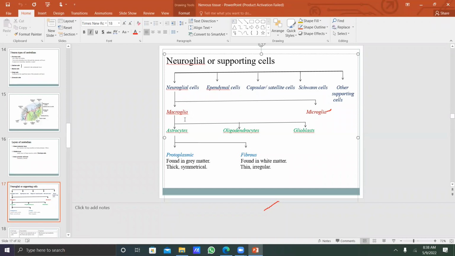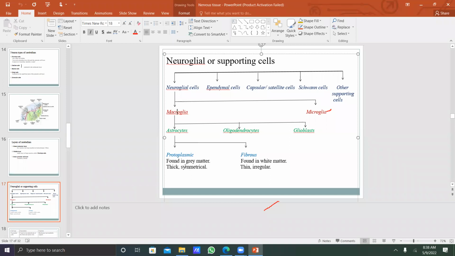So, macroglia can again be divided into astrocytes, oligodendrocytes, and the glioblasts. The function of these different cell types and the sites we can find them are different. So, astrocytes, again we can divide into protoplasmic astrocytes and the fibrous astrocytes.